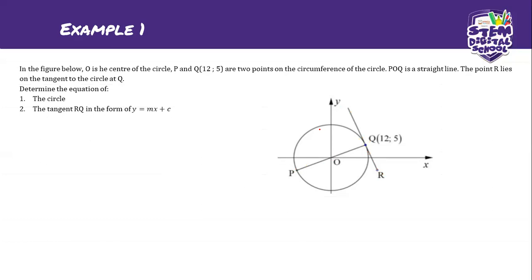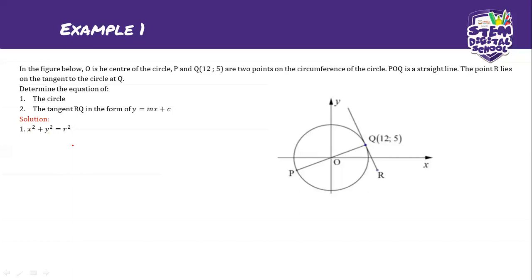The first question says we should determine the equation of the circle. Now let's see how we determine the equation of a circle. First, we write the standard equation for a circle, which is x squared plus y squared equals r squared.